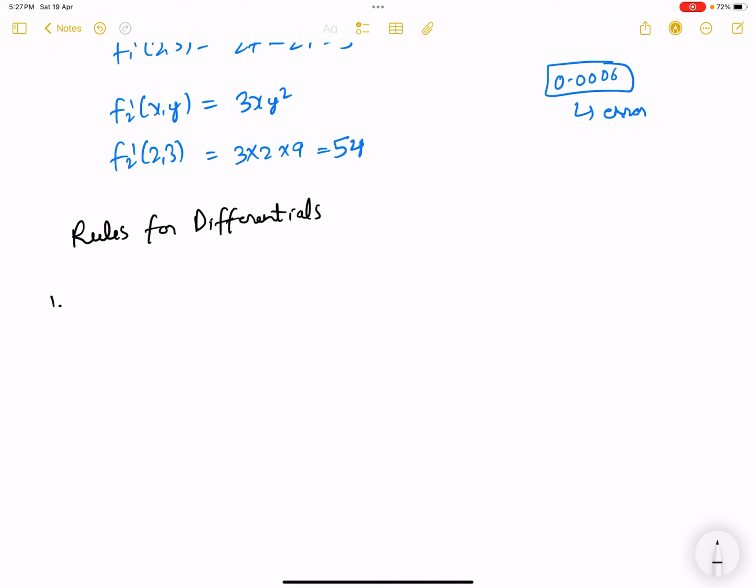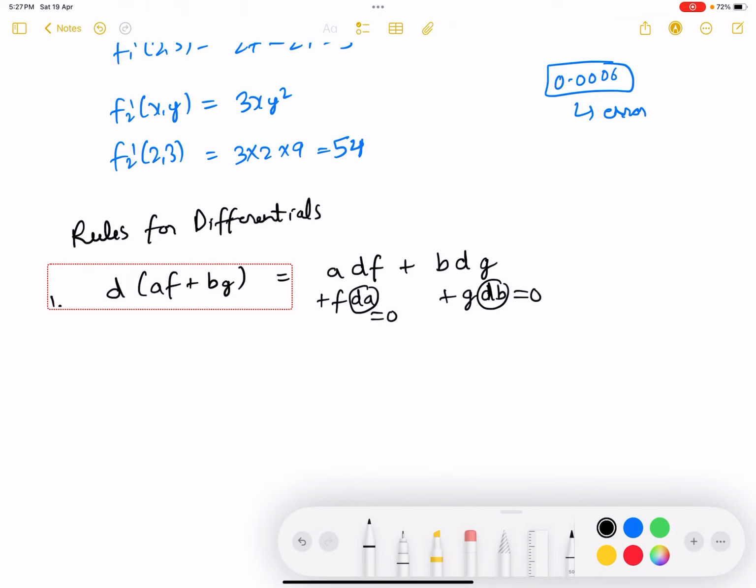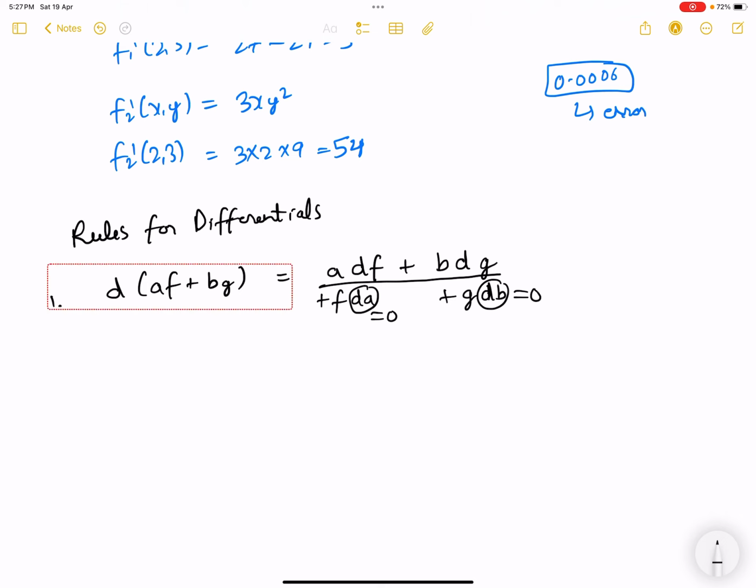So first is the derivative of af plus bg, where a and b are constants, so it would be a times derivative of f plus b times derivative of g, because there is also plus f times derivative of a, which would become 0, plus g times derivative of b, which would also become 0. So we are left with this thing only.